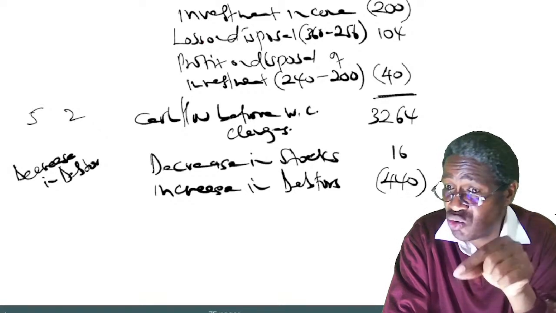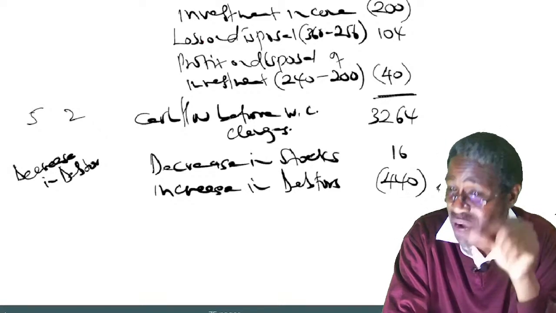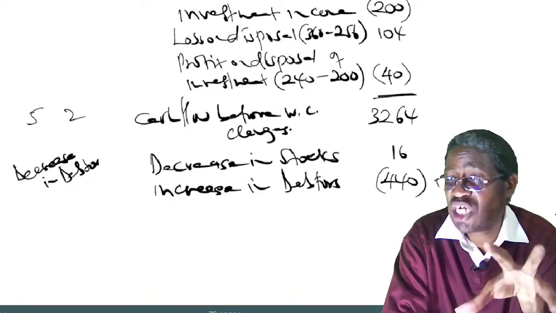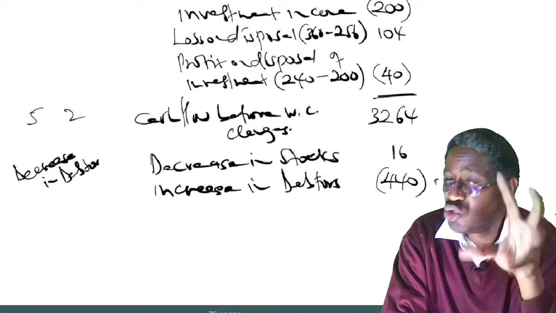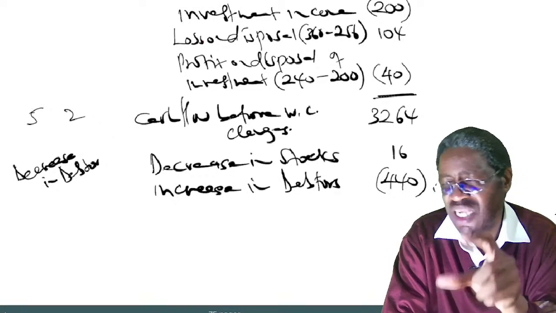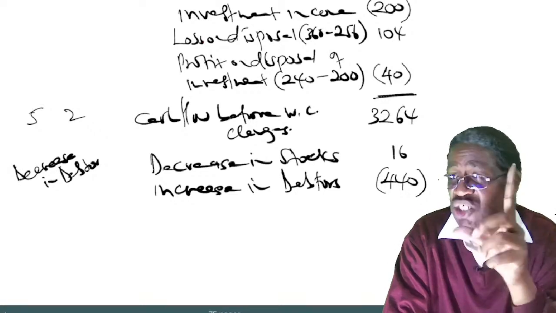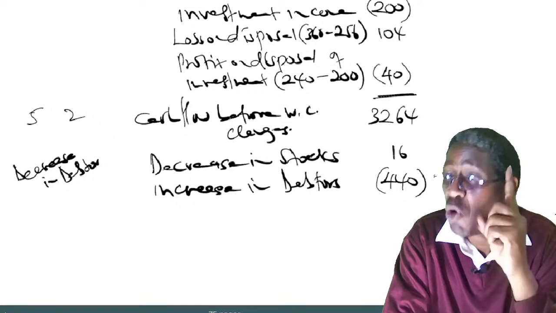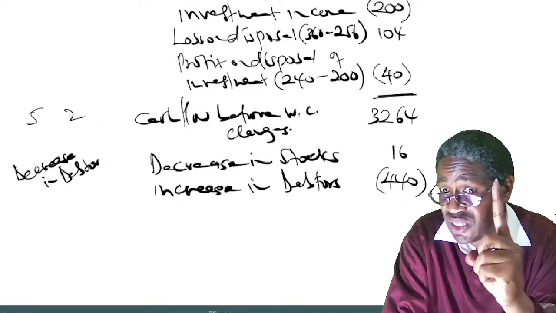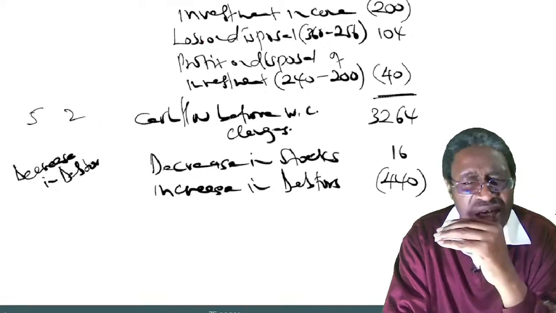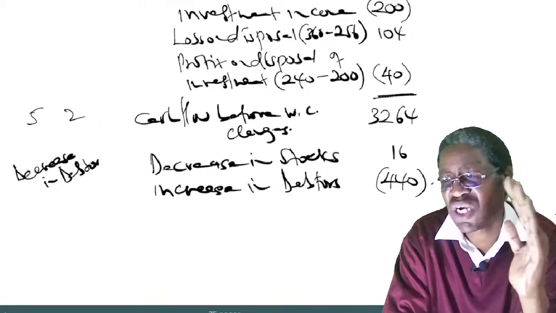I'm not going to ask you to explain now, but I am hoping that from your knowledge of cash flow, you should know why we are deducting, yet no cash went out. Don't forget, we are determining cash flows from operating activities. If there was a decrease in debtors, then automatically I would have received cash.